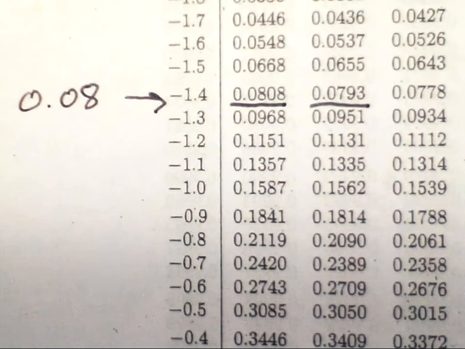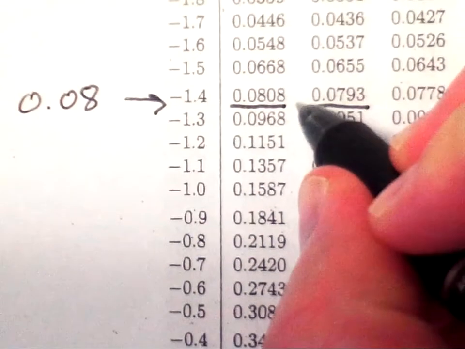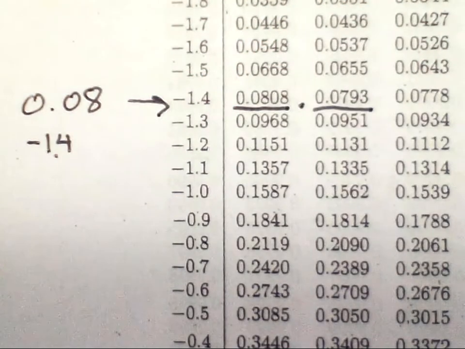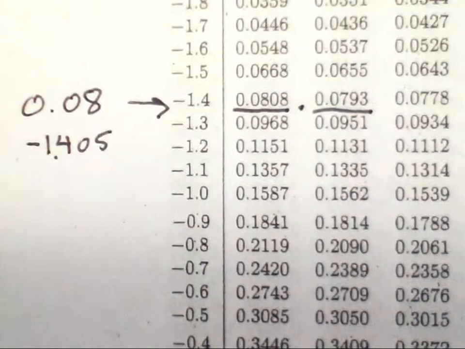So you could also use that number if you want to. We're not going to get into that in this chapter, but once we get to chapter 7, we're going to use that concept a little bit more often. Where if we want to be right in between here, then we could either use negative 1.40, negative 1.41, or we can use negative 1.405.